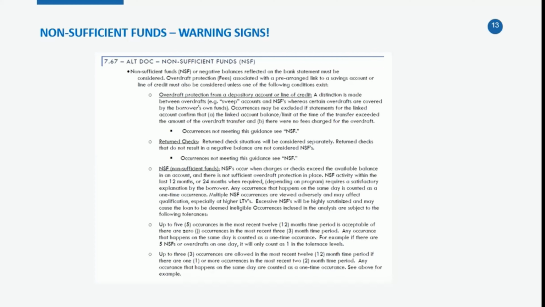So NSFs are something they're going to be looking at, okay? Typically they're okay with up to 5 NSFs within a recent 12 months. Anything more than that, they're going to start questioning and evaluating it, okay? Because if it's once or twice, they'll probably just ask you for an LOE: hey, what happened here?